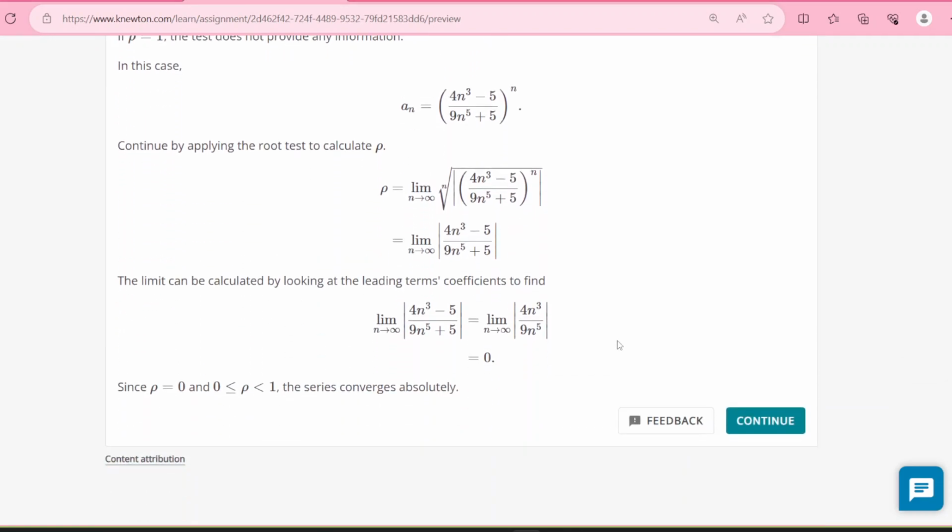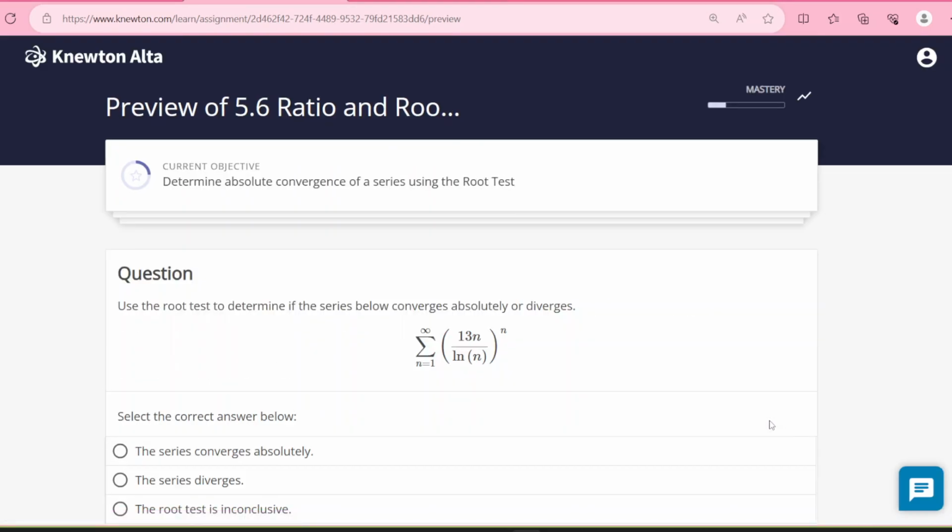All right, great. So another root test. Notice again the terms here to the nth power, some nth power on the term. So that's a good indication that the root test would be best to determine if the series converges or diverges. So I'll write it out again.